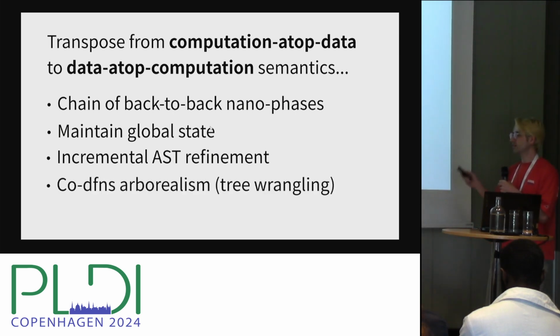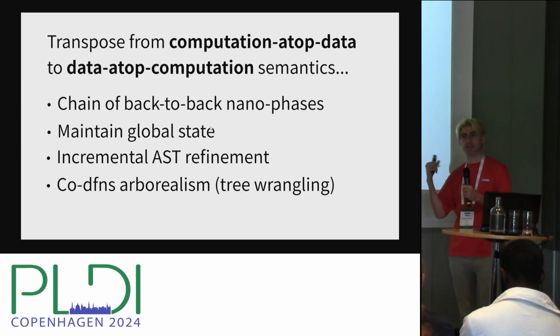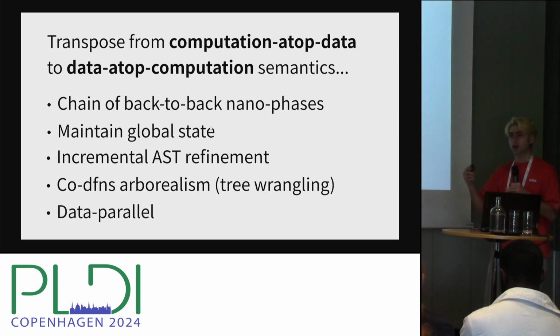And since we're using APL, we use a lot of APL Co-dfns style tree wrangling techniques, like using a parent vector or even just a depth vector to represent your trees, and a bunch of idioms that are manifestly data parallel to implement tree wrangling.